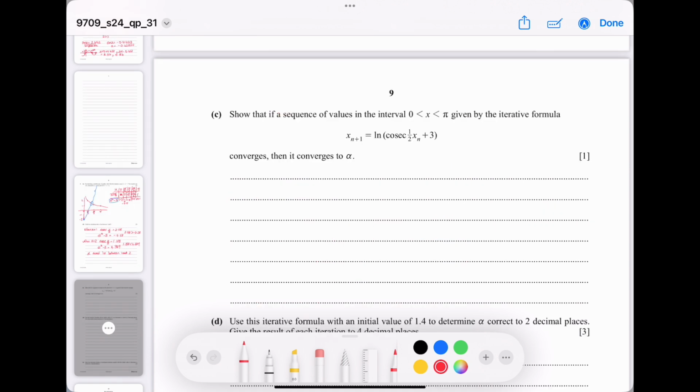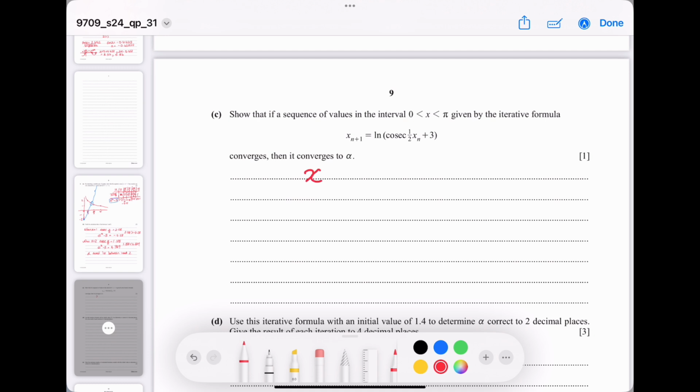So if we want to show that a sequence of values in the interval converges, and it converges to alpha, essentially all we want to do here is to rearrange this iterative formula to get to the original, or vice versa. You can start with the original and end up with this expression here. First things first, I'm going to drop the n plus 1 and n.